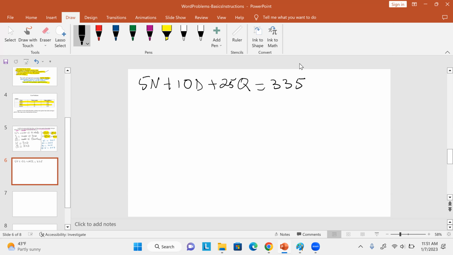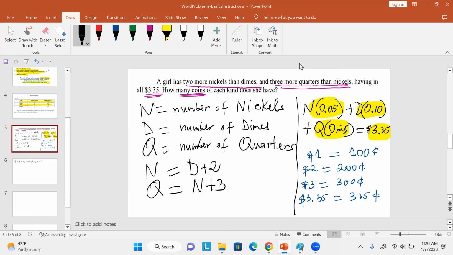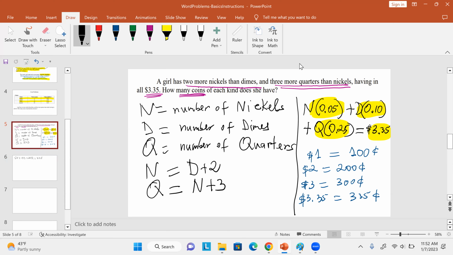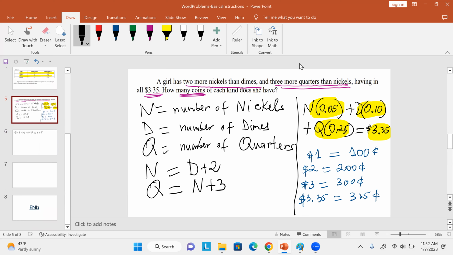But remember, in the algebraic expressions, we have n as d plus 2, q as n plus 3. So we can decide to rewrite our equation based on n, or based on d, or based on q. But here, it's going to be simple to rewrite everything based on n. So we have n equals d plus 2.